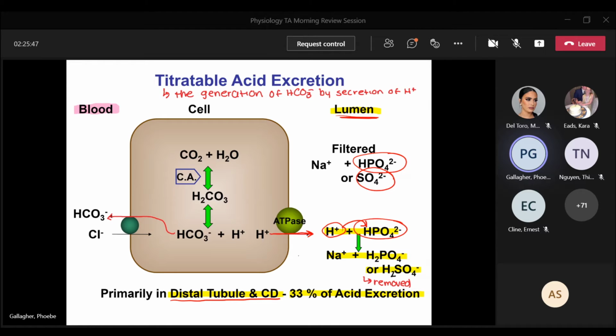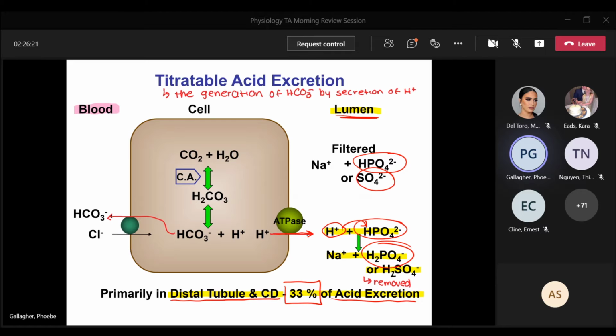It's not going to be reabsorbed because there aren't any transporter proteins for this compound, the phosphate. So it's going to be stuck in the tubular fluid. It's going to be removed in the pee. And so this is a way in which we can get rid of protons. So you require these two to help with acid excretion. But keep in mind, it's only going to do about 33% of acid excretion. So it only does about 1/3 of it.